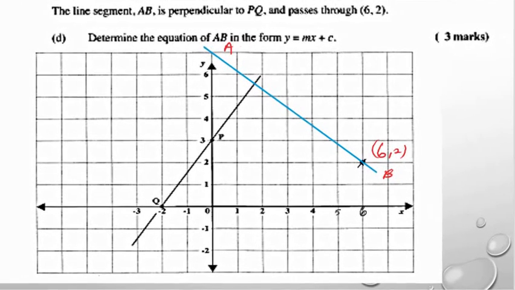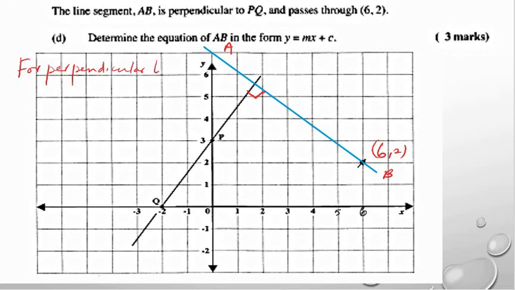So the line segment AB is perpendicular to PQ, meaning that it forms a 90-degree angle over here and passes through (6, 2). Now, for perpendicular lines, the gradients, m multiplied by the gradient of the perpendicular line, let's say m1, m times m1 is equal to -1.